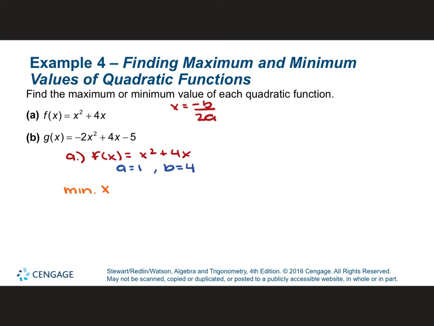So we're going to use x is equal to negative b over 2 times a. This is going to give us x is equal to negative 4 over 2 times 1, which is just x is equal to negative 4 over 2. So for our minimum value, x is equal to negative 2.